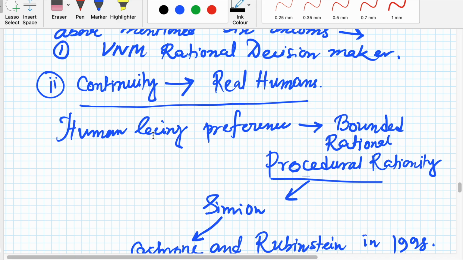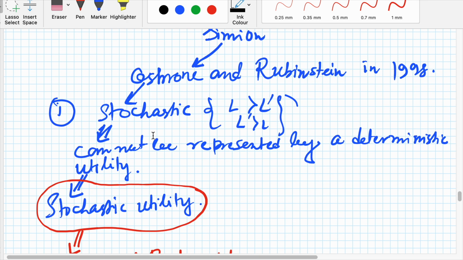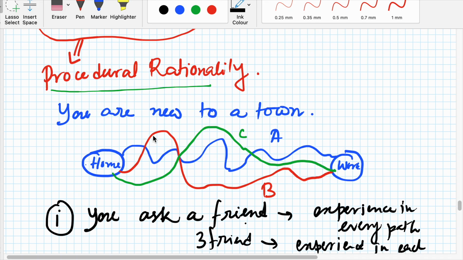Rather, in the real world we have seen that individuals' preferences are stochastic, and that stochasticity can be represented not through the VNM rational way, but through the procedurally rational or bounded rational way. And we have seen that Osborne and Rubinstein in 1998 mathematized the idea presented by Simon, and we have seen a model which can truly represent the stochastic preference.